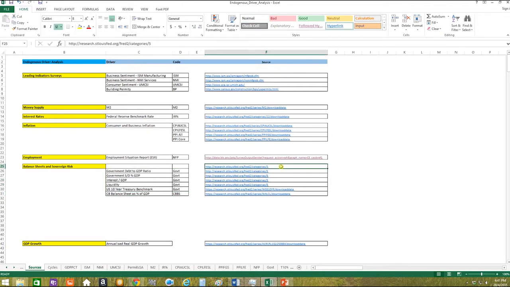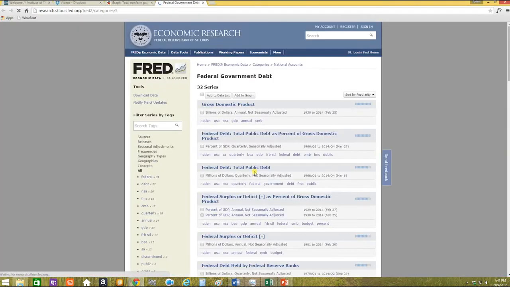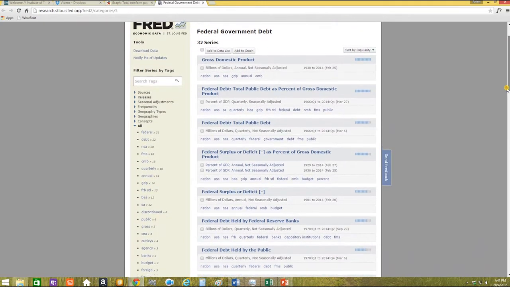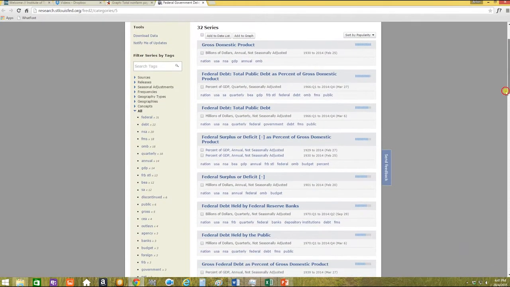And if you click into the government debt to GDP link, you're going to get a whole series of federal government debt variables or data sets.